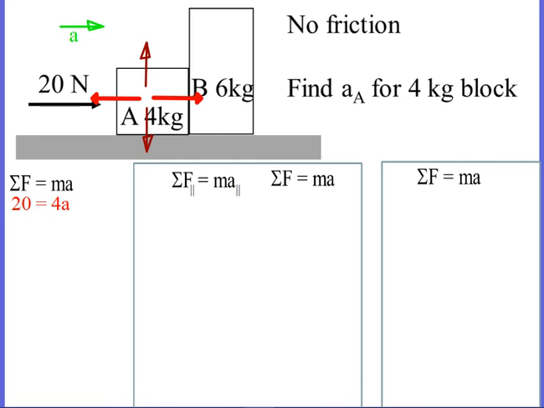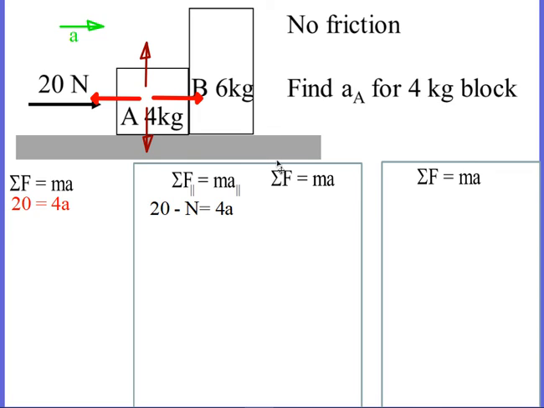And now I can put in here that the forces acting parallel are those 20 newtons, and the normal force from B acting on A. The object I have chosen, my body, has 4 kilograms, and there's the acceleration I want to know. But I've got the normal. It turns out I would get no information out of adding up the perpendicular forces, other than the fact that there is 0 perpendicular acceleration.